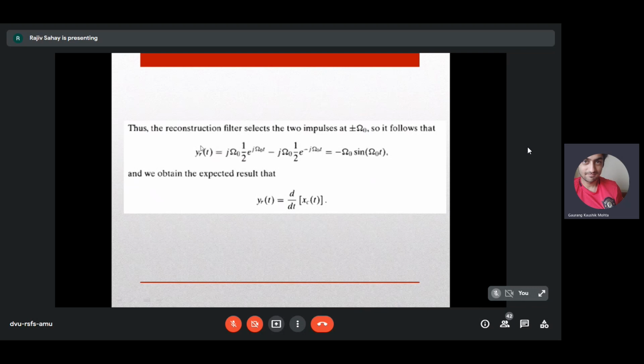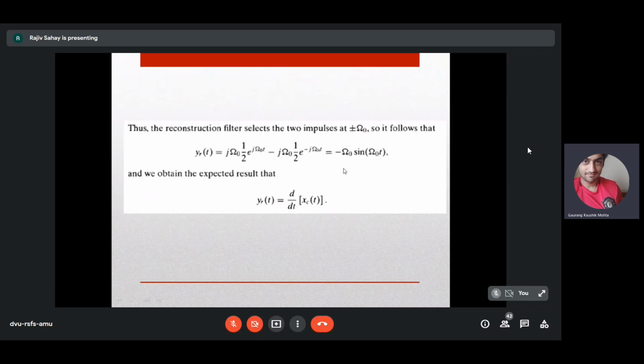So what has happened? You have taken x_c(t), which is cos(Ω₀t), and you have got the output as minus Ω₀ sin(Ω₀t). That is the differentiation operation that has happened in the continuous time domain.